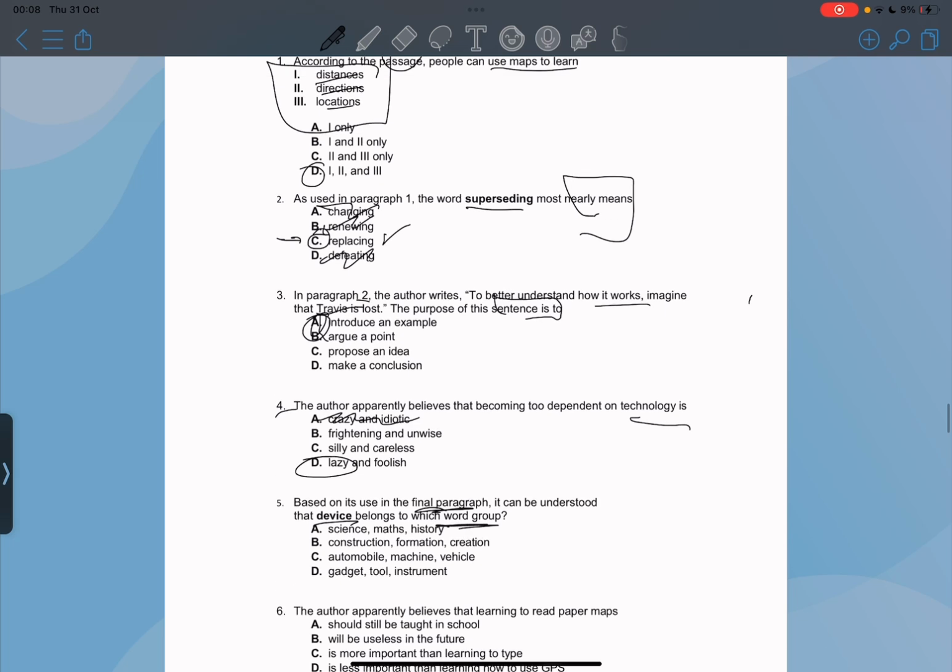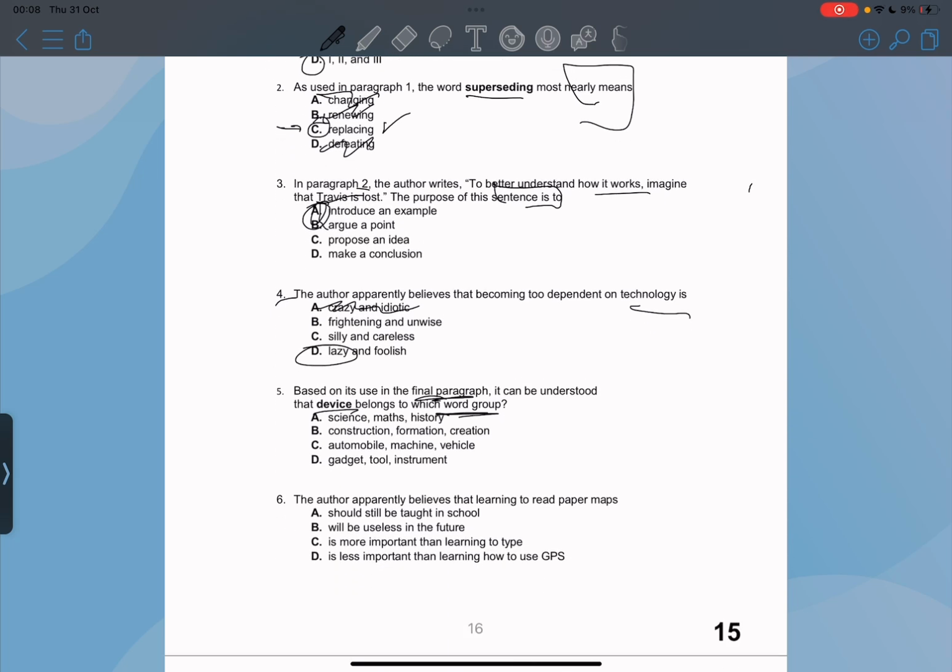So if we look here, what is a device? It's a machine. No, not a machine or a vehicle. That's close. Gadget, tool, and instrument seem to be closer. If you think about a device, it's something that you use to do something, like a gadget or a tool.